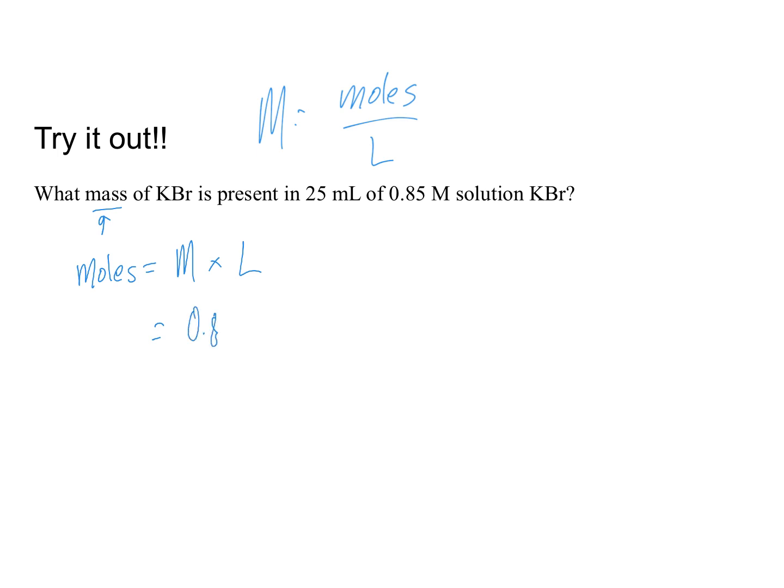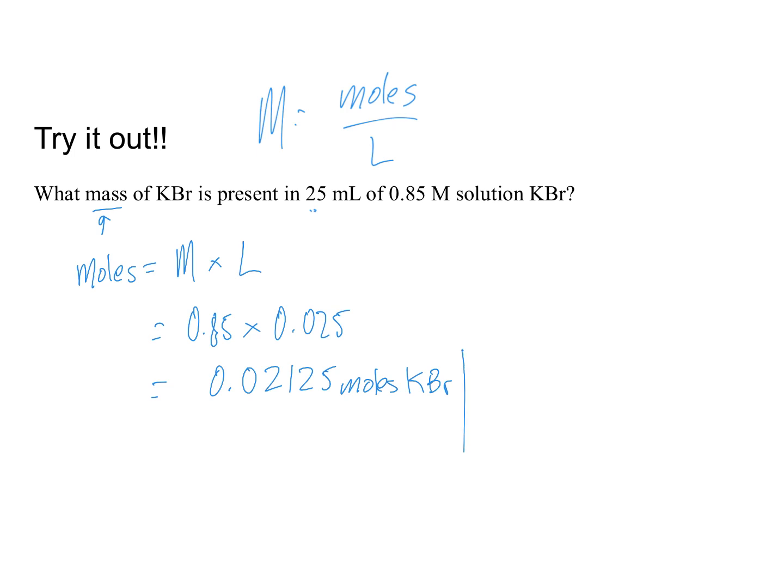I'm going to take the 0.85 and multiply it by this converted to liters, 0.025. That is going to give me my number of moles, 0.02125, and that is moles of KBr.